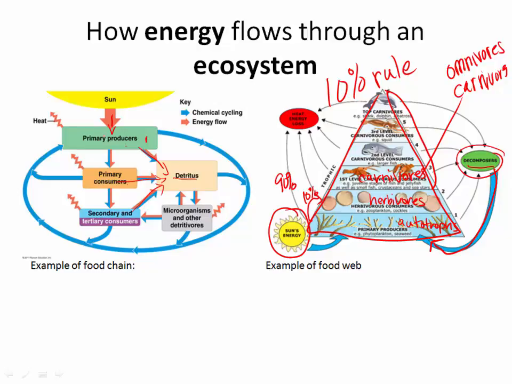Now, as we look at this, and this is something you guys have probably done a billion times, is the food chain and food web. So if I looked at this, I could make a simple food chain or food web. A food chain always starts with the sun, and goes to a plant of some sort, and goes to a herbivore, and goes to a carnivore.